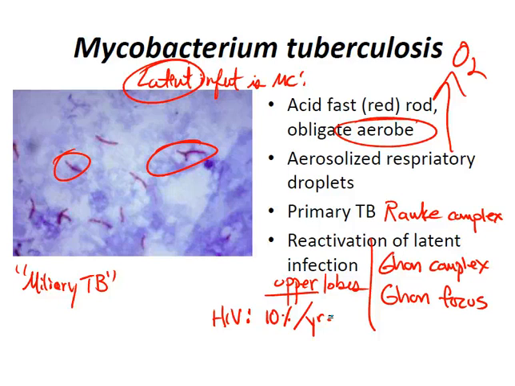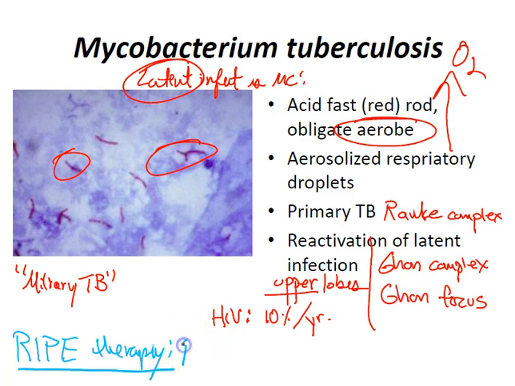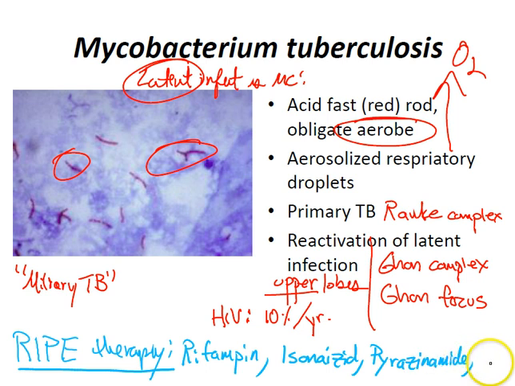The treatment is with RIPE therapy, and what that stands for is rifampin, isoniazid, pyrazinamide, and ethambutol.